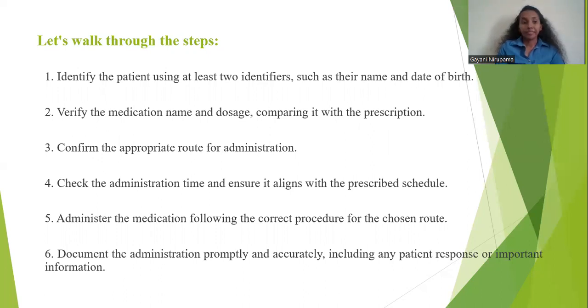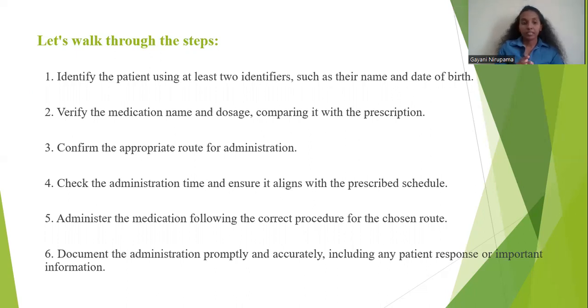First, identify the patient using at least two identifiers, such as their name and date of birth. Then, verify the medication name and dosage, comparing it with the prescription. Third, confirm the appropriate route for medication administration.